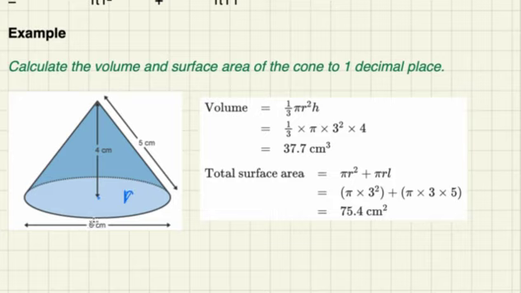The radius is half the diameter, so the radius equals 3 centimeters. The perpendicular height is 4 centimeters, and the length of the slope is 5 centimetres. Just writing them out larger in case you can't see those values.